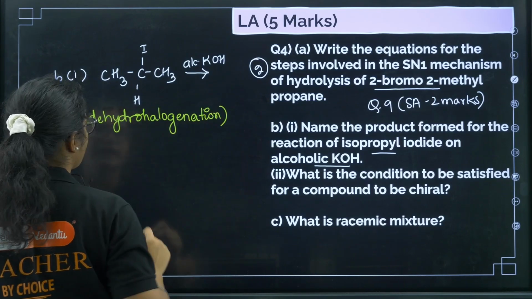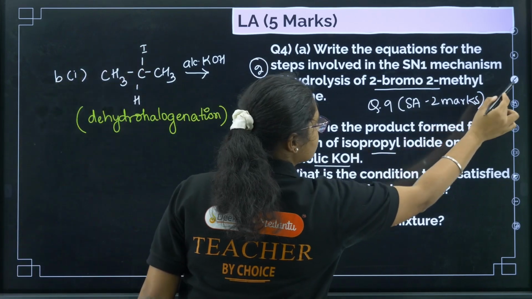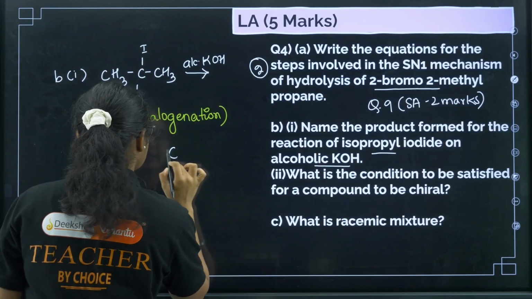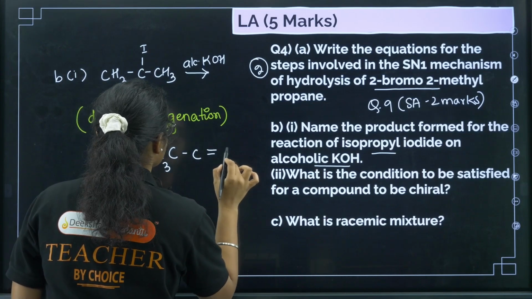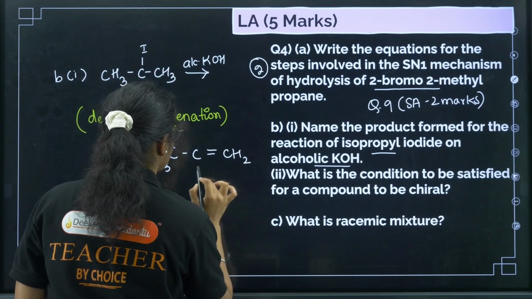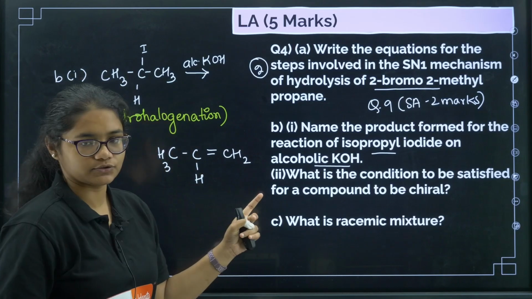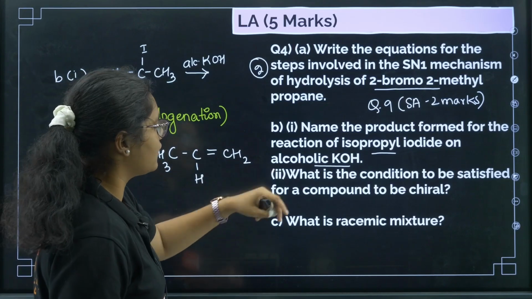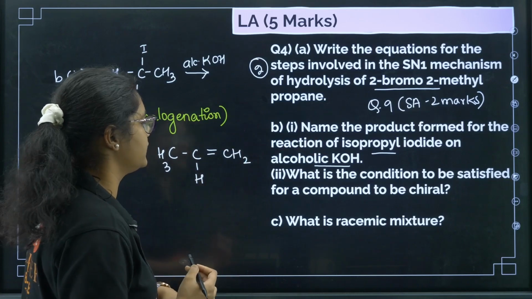Now in dehydrohalogenation what will happen? H and I will be removed and the product formed will be CH3, CH, CH double bond CH2. This is the product when isopropyl iodide reacts with alcoholic KOH.